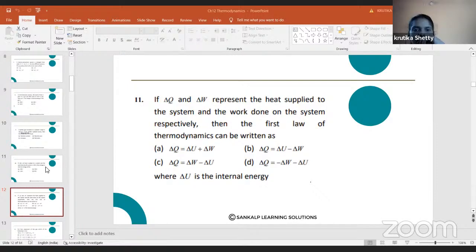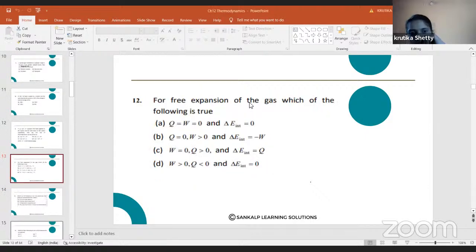The next question is, which of the following is true for free expansion? So for free expansion, what happens? Here the options are given: the work done and the heat is equal to 0, and the internal energy is also equal to 0.